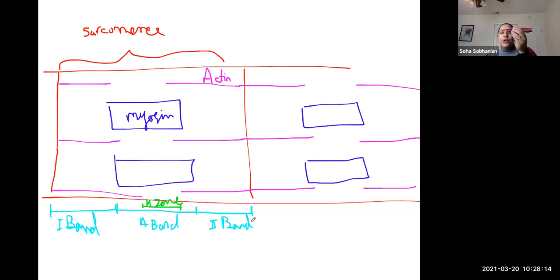It also shortens, correct. In reality, it almost completely disappears. You won't see anything. It would be completely gone. So both the I band and the H zone will disappear or shorten significantly when your muscle is contracting.